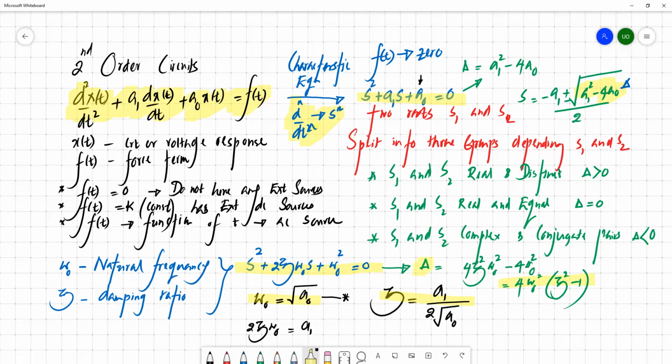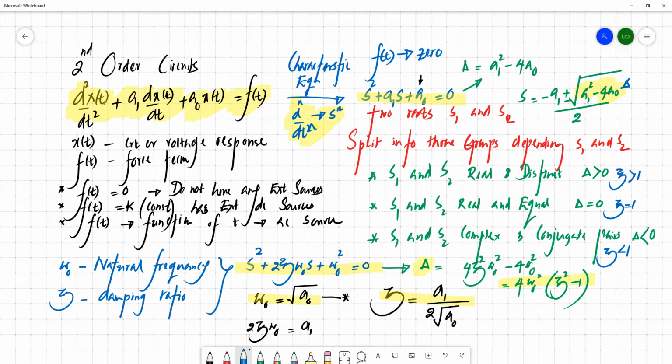So in addition to this delta, which is calculated from A1 and A2, we can split into these groups based on the value of zeta. For example, the first case, delta greater than 0, if we want to classify these three scenarios using zeta, refers to the zeta greater than 1 scenario. This refers to the zeta equals 1 scenario. This is the zeta less than 1 scenario.